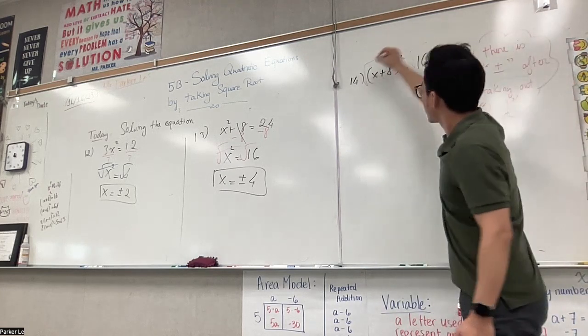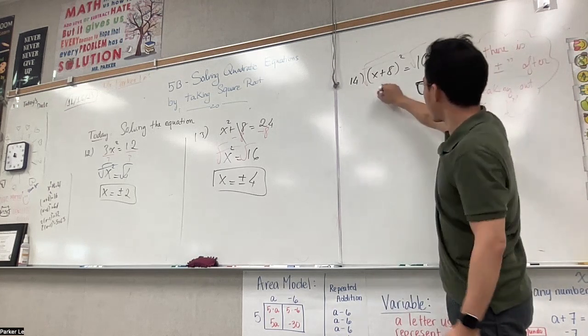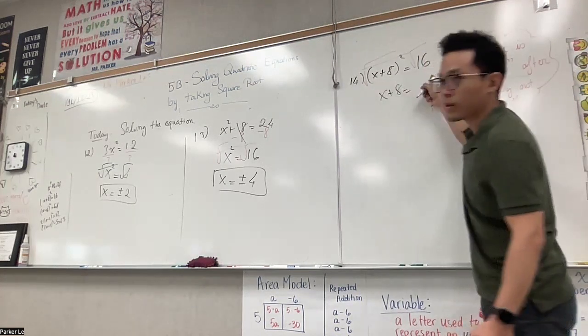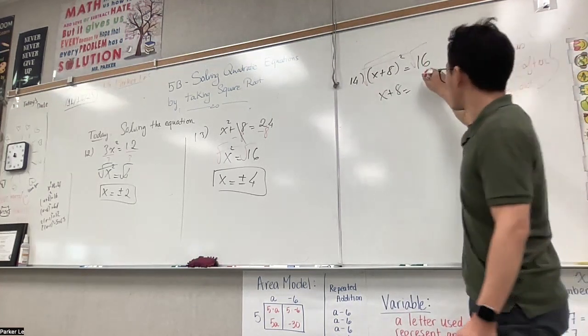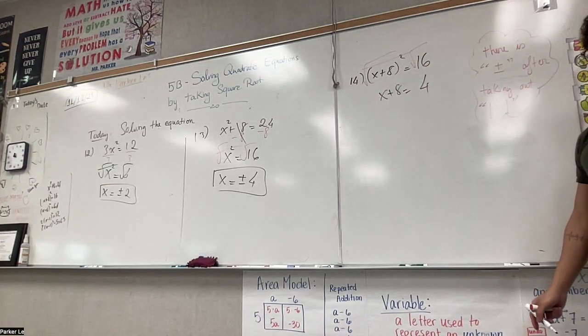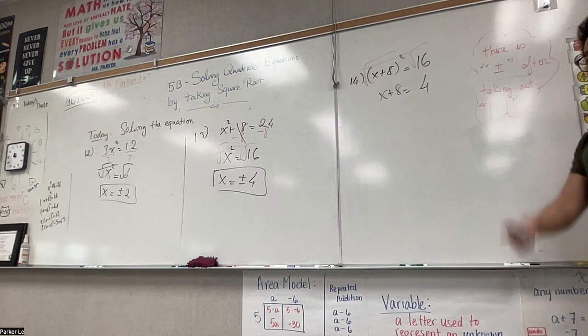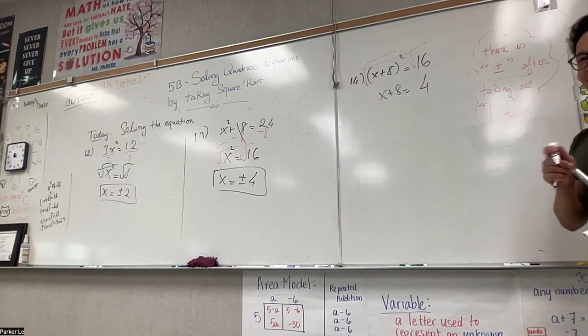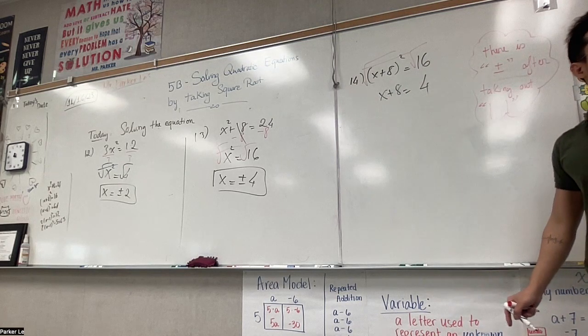Very good. So cancel the square. You have x plus 8 equal to, what is the square root of 16? 4. Good so far?